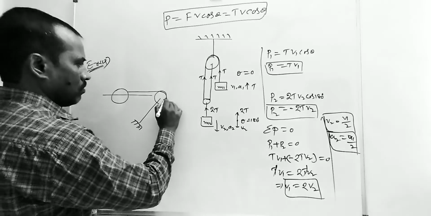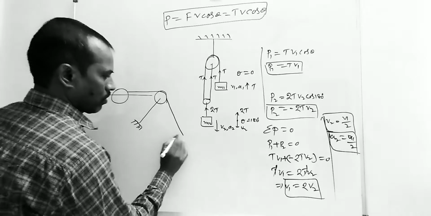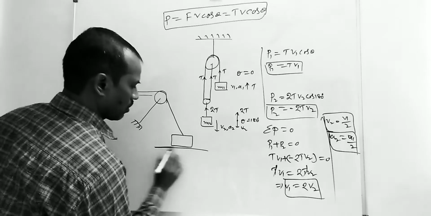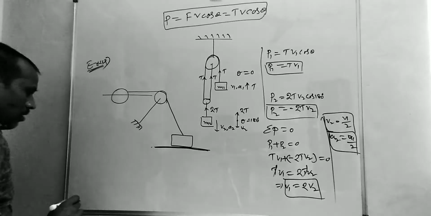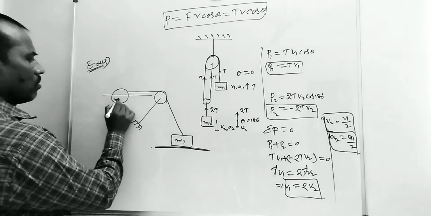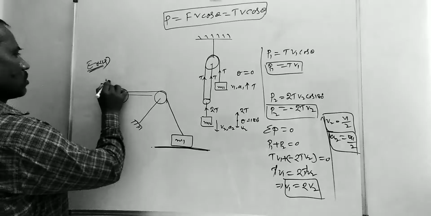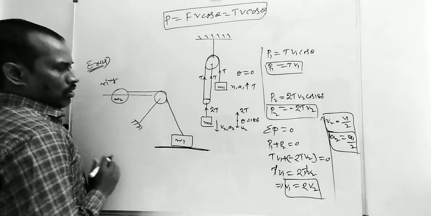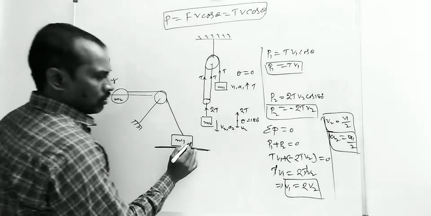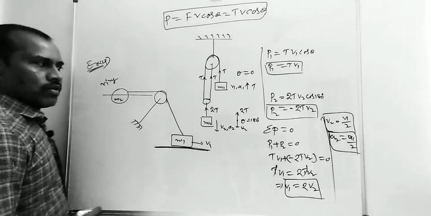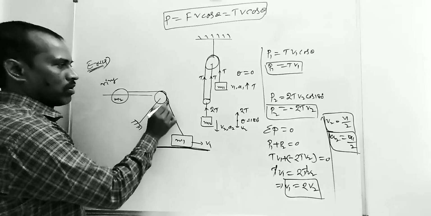This one is a block placed on the surface. For example, the mass of the ring is M2 and the mass of the block is M1. Now this block is moving in the forward direction with velocity V1.